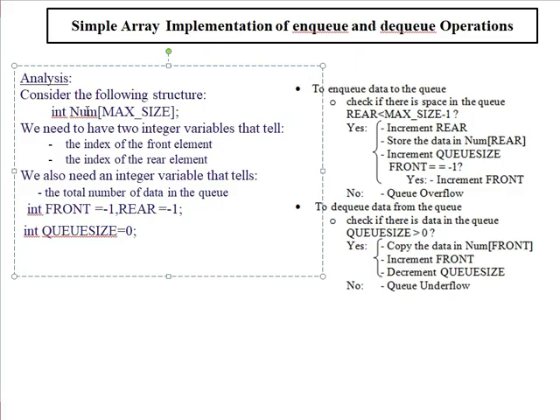So here we are considering the variable num as the queue, having the maximum size. We need to use two indexes, integer variables: the front index and the rear index.